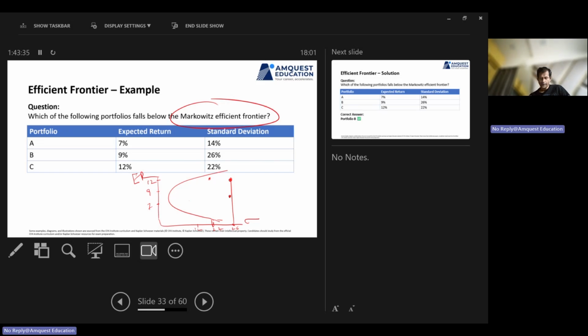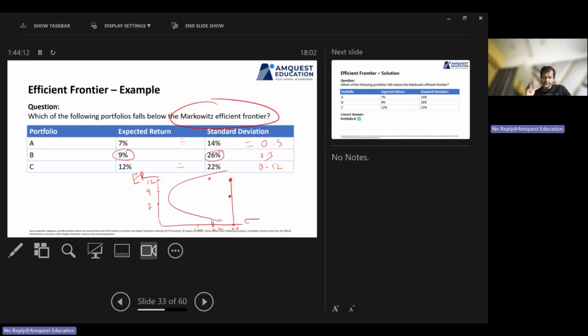Okay. Now basically you have to look at which portfolio is not giving you the best return. This portfolio, the return is 0.5 per deviation. This portfolio return is almost 0.52 per deviation. But this portfolio is giving you 0.3 per deviation. So its return is very poor compared to the risk. Which is the worst portfolio here?